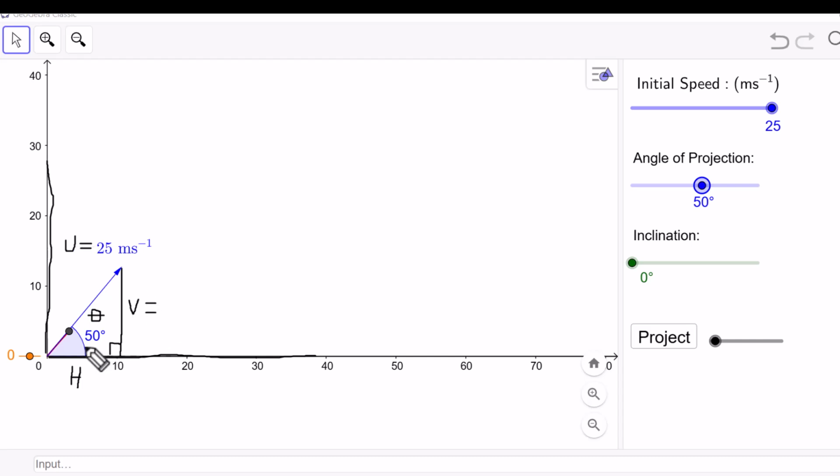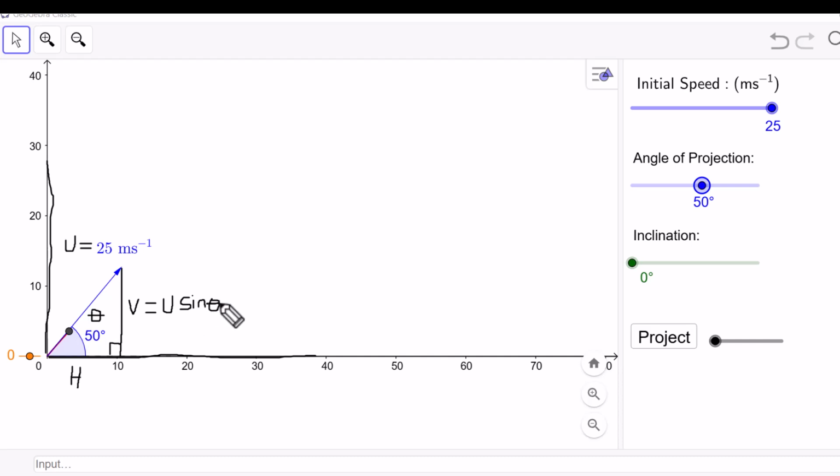This is basic math. Just do your opposite over hypotenuse, and that is going to be sine, opposite over hypotenuse, which is going to give us u sine of the angle, and the angle we usually use is theta.